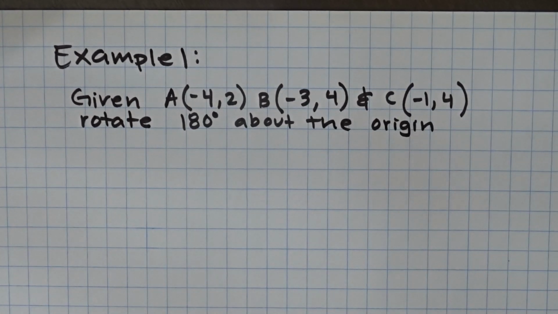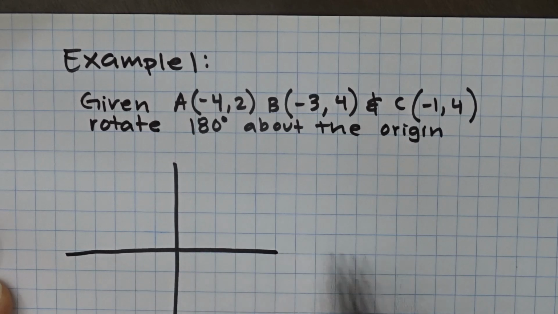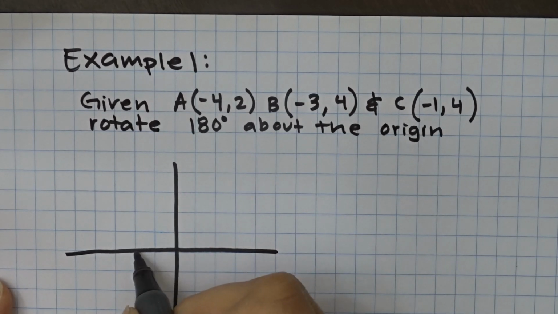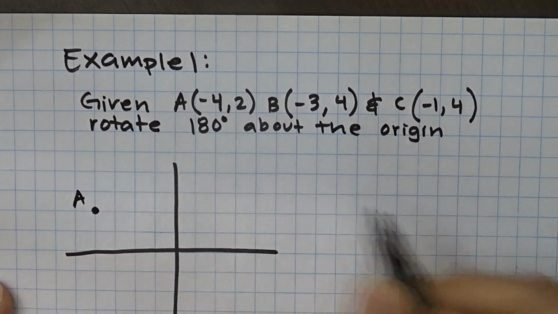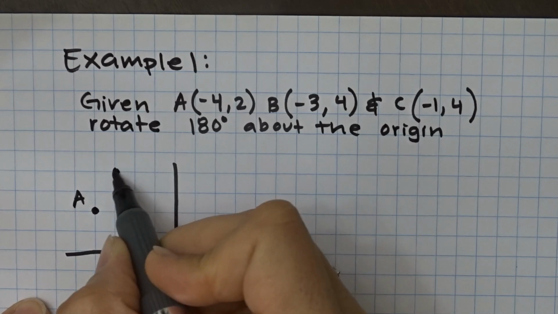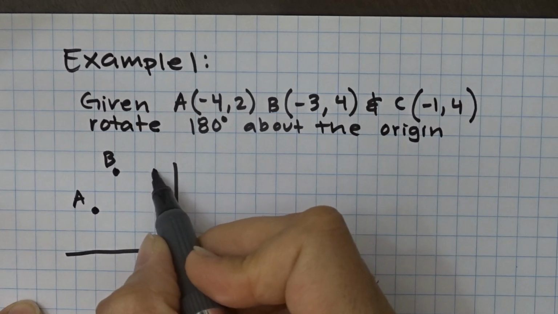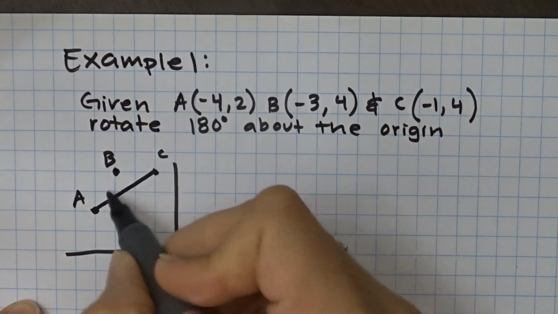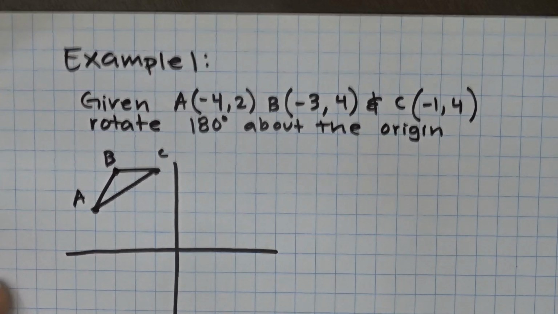So when it says about the origin, meaning you're going to rotate about the origin, meaning rotating around the origin. So we're going to have our axes, A is -4, 2, B is -3, 4, and C is -1, 4. So here's my triangle. And I want to rotate this 180° about the origin.